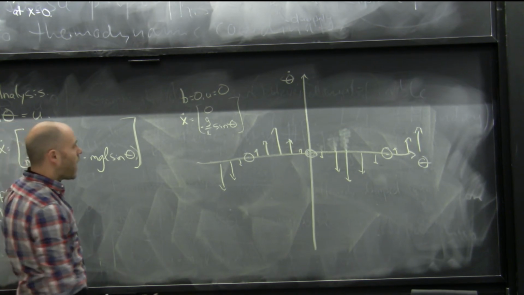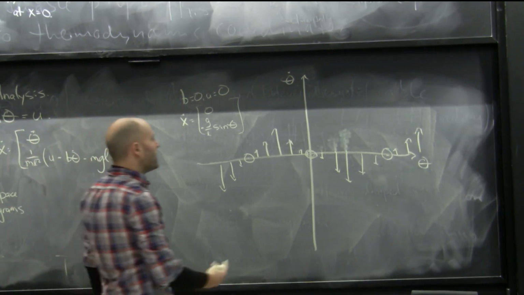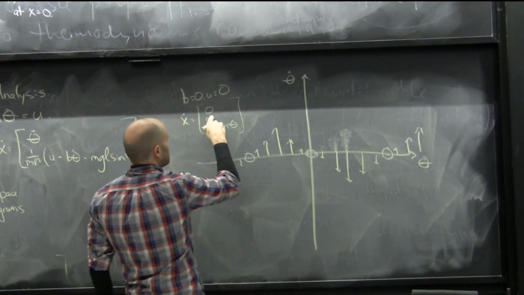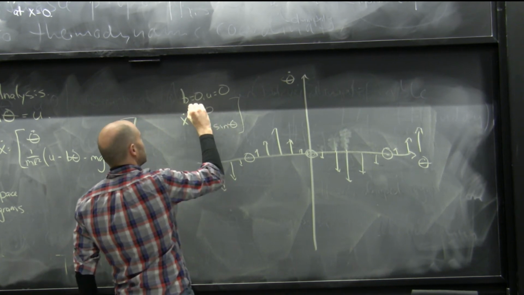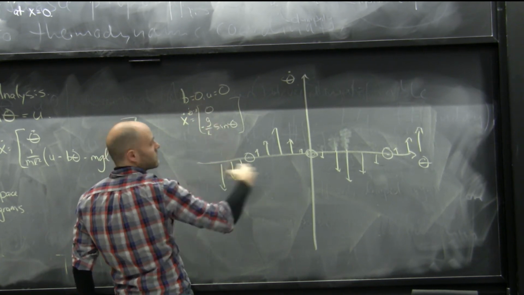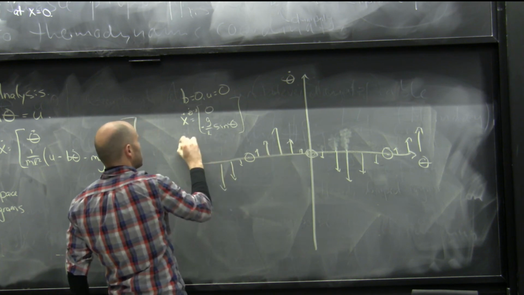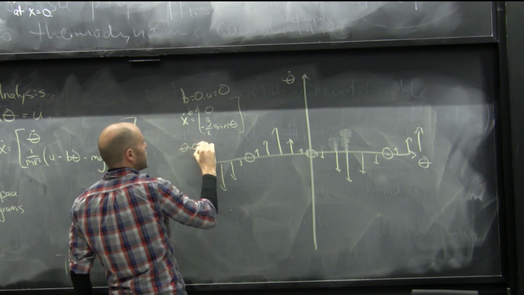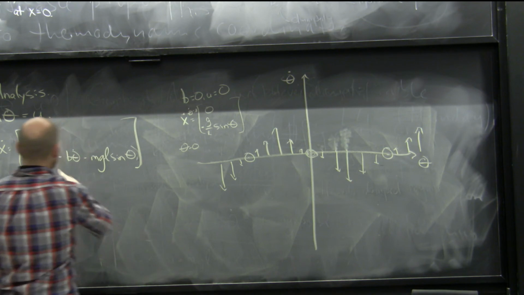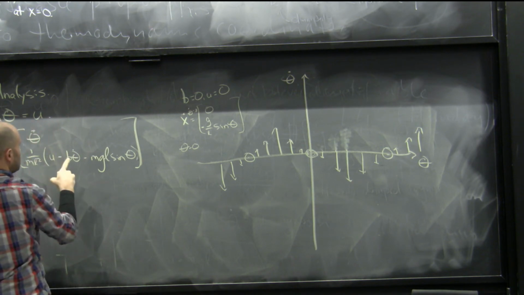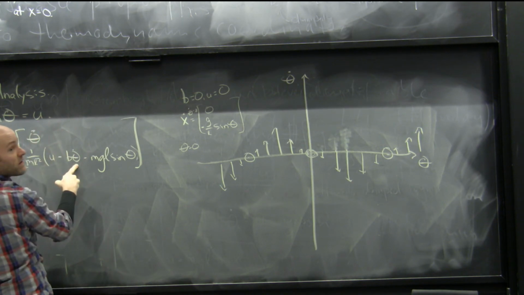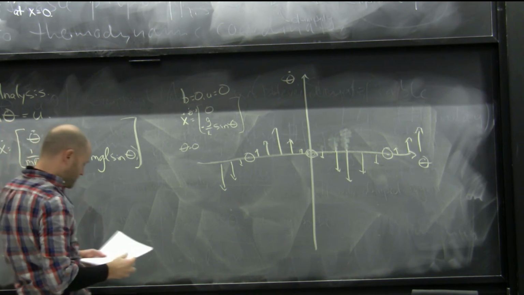Similarly, this was for theta dot equals 0, that was drawn along this axis. If I say theta equals 0, drawn along the other axis, then I get theta dot negative something theta, right?